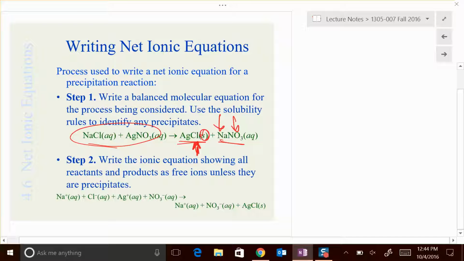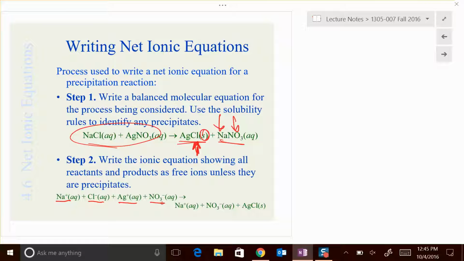So how are we going to write the ionic equation? The ionic equation is written by breaking everything up into its ions. Okay? So the sodium is actually sodium plus. The chlorine is actually chloride negative. And these are all aqueous because that's what they do in water, right? They're not together, they're broken apart in the water solution.